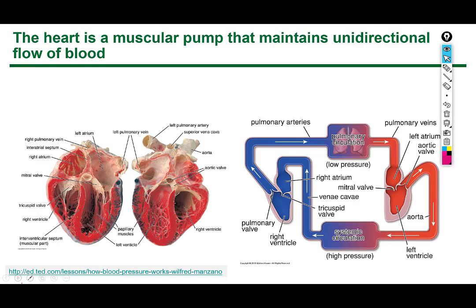Let's get to it. So on the left here, we have an actual dissected heart. It's triple injected, meaning that it's been preserved and injected with latex to show you various structures and also its vascularity.